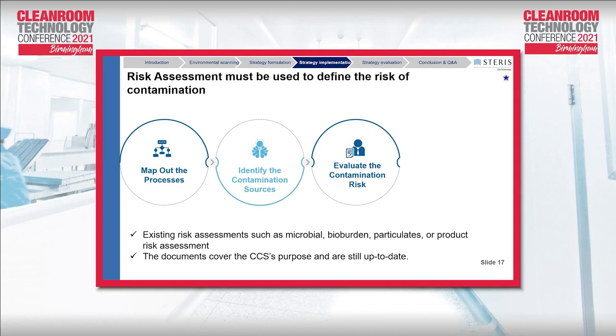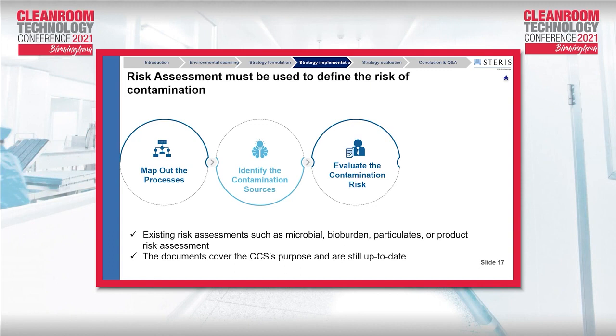In our case, I will be using two examples from my colleague on the map of the process for the sterilization process and the cleaning and disinfection process. And the goal of mapping the process, again, is to be able to identify the source of contamination. Why do you need to identify the source of contamination? Because it will help you to evaluate the contamination risk, and therefore help you to design the adequate procedure or be able to remediate to a certain level, which allows you to have what we call a residual risk.